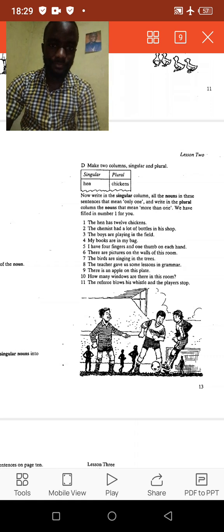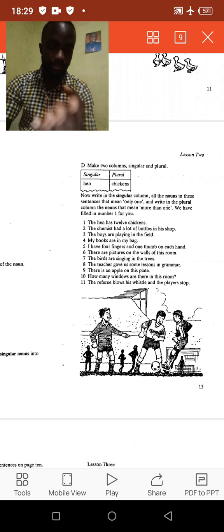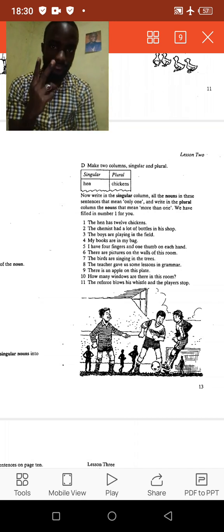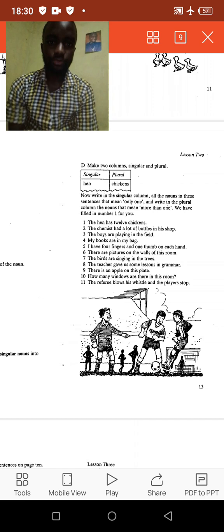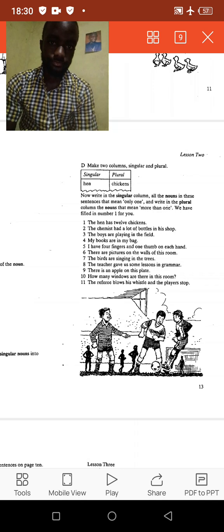Now, we have filled in number 1 for you, meaning it is already illustrated for you there, right? So number 1 says, the hen has 12 chickens. Now in this sentence, there are two nouns. One is singular and one is plural. The one that is singular is put right at the singular column. We say hen.